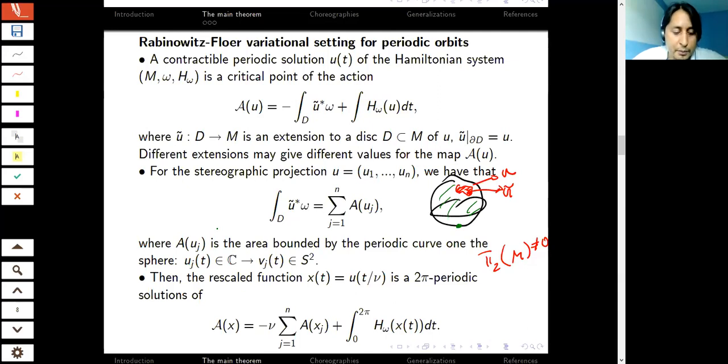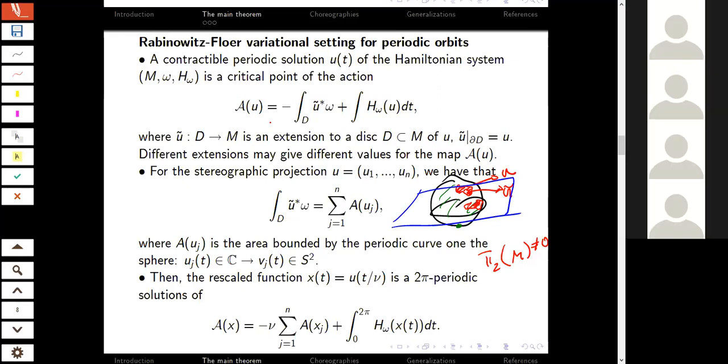In this picture, if I draw the plane, say the red curve is projected into something here, there is only one natural extension, which is this one, because the other extension would require passing through infinity. With those extensions, the action is well defined.